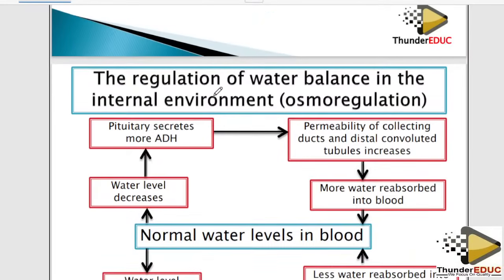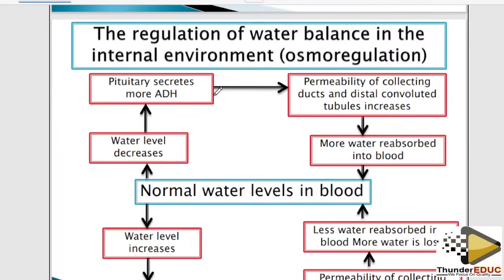Okay, so we are done with the carbon dioxide. Let's go to salt. These ones are simple. Regulation of water balance in the internal environment, which we call osmoregulation. Whenever you talk about osmo, it means water.